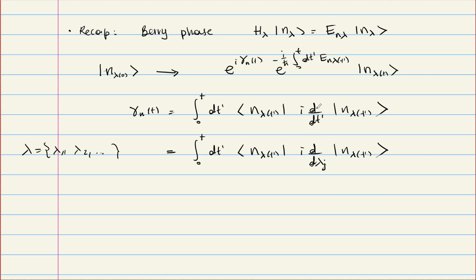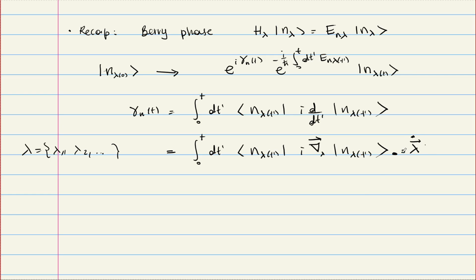And we said d over dt, I can do the chain rule, d over d lambda_j times d lambda_j dt. And this is the gradient in the parameter space, lambda space. So this is del, and we remind ourselves this is the gradient in the lambda space. And this is a dot product with so-called velocities in the parameter space.